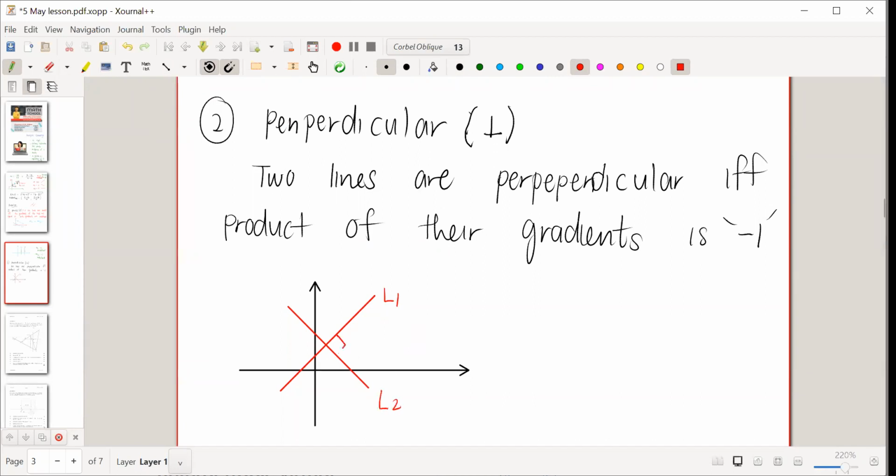There's a 90-degree angle between them, so we know they're perpendicular. Then it would turn out that this would imply that the gradient of line 1 multiplied by the gradient of line 2 must equal -1. Furthermore, if we know that the gradient of line 1 multiplied by the gradient of line 2 equals -1, then you can conclude that the two lines are perpendicular.